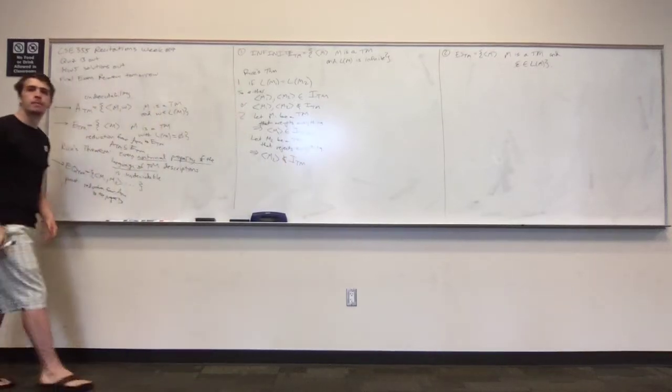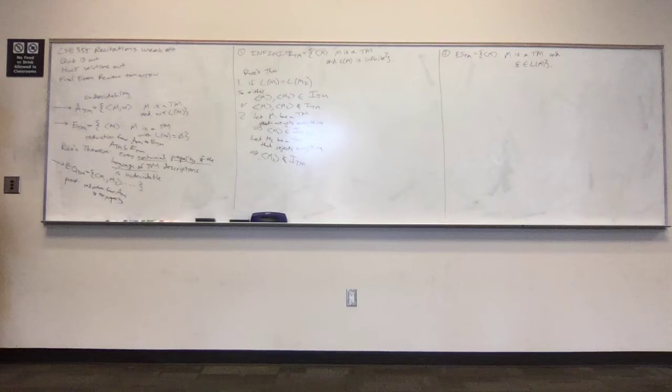Okay? So I showed a non-trivial property of the language of Turing machine descriptions. What can I conclude? It's undecidable. How do you know? By Rice's theorem. If I don't say the words by Rice's theorem or similar, then this means absolutely nothing.